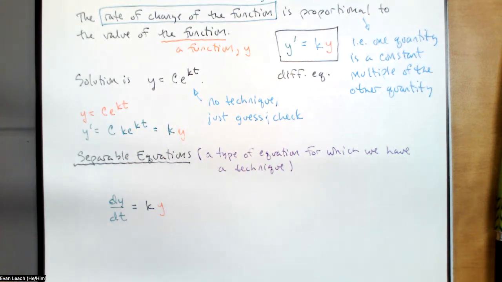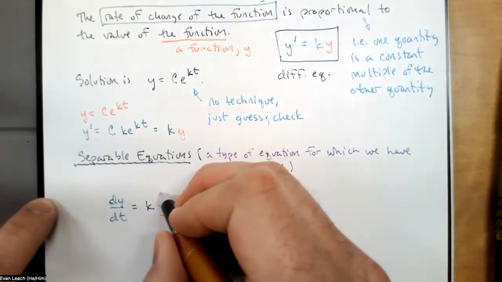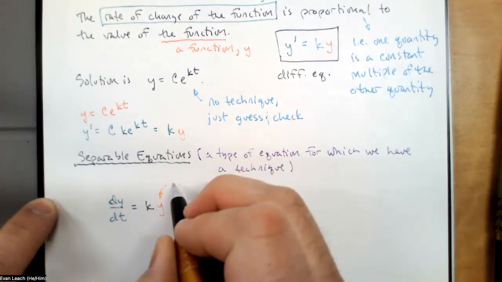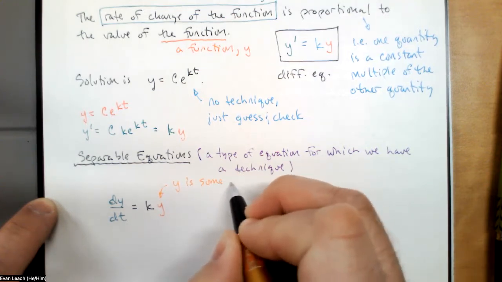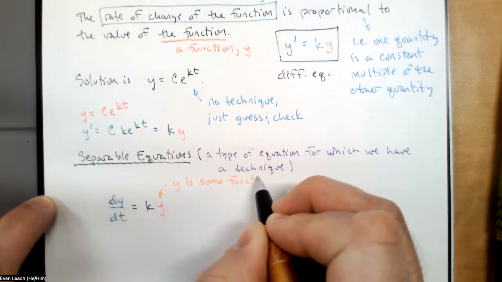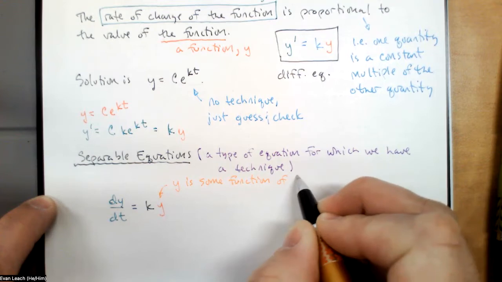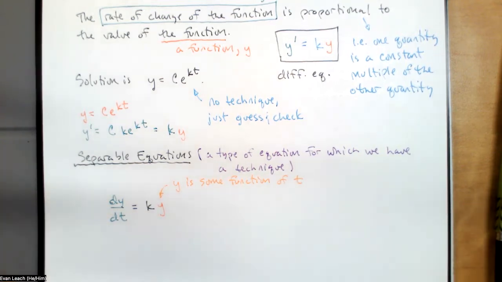So y is a function of t. In this setup, y is some function of t. We call this kind of equation separable because we can separate the variables.